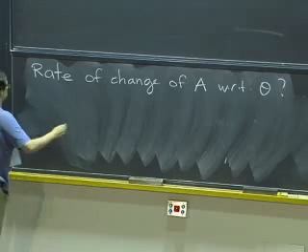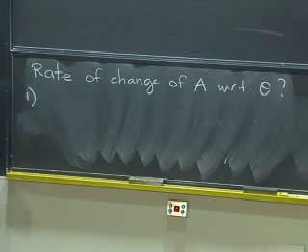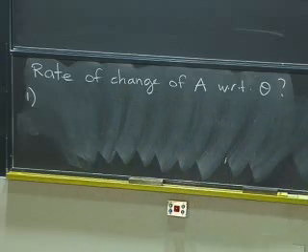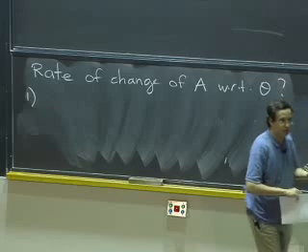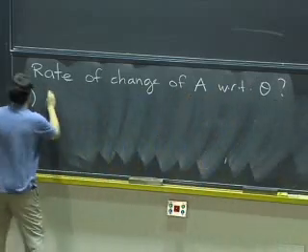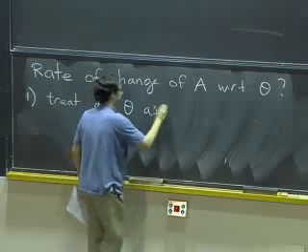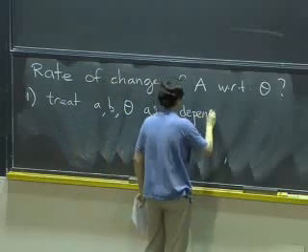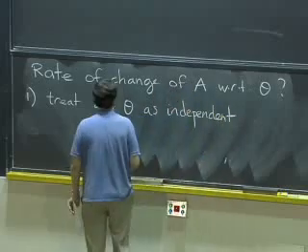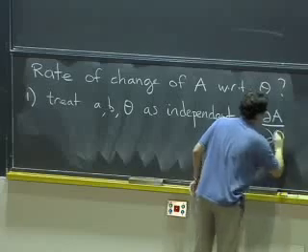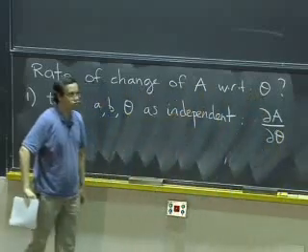The first way that we already know about is if we just forget about the fact that the variables are related. If we just think of A, B, and theta as independent variables, and we just change theta, keeping A and B constant, that's exactly what we meant by partial A, partial theta.